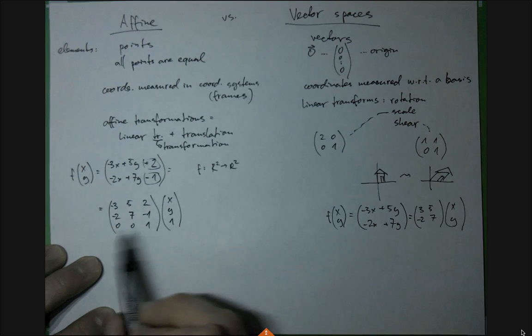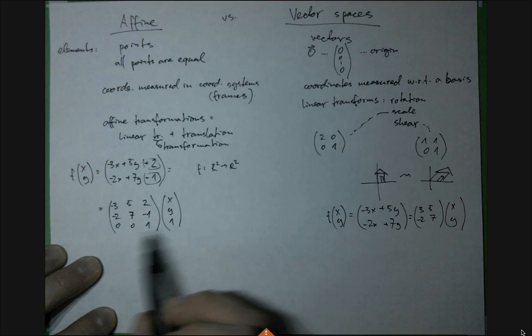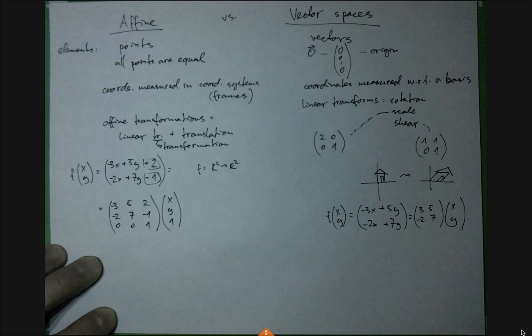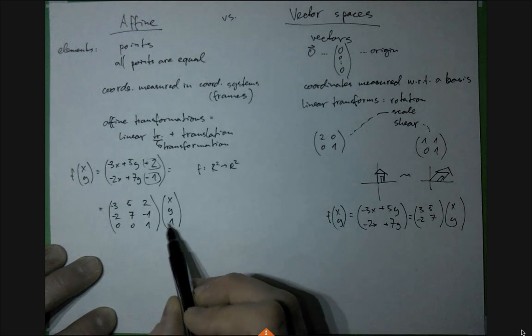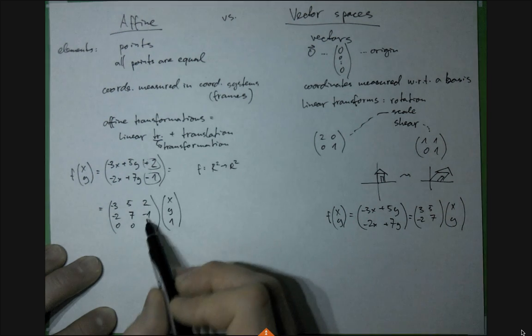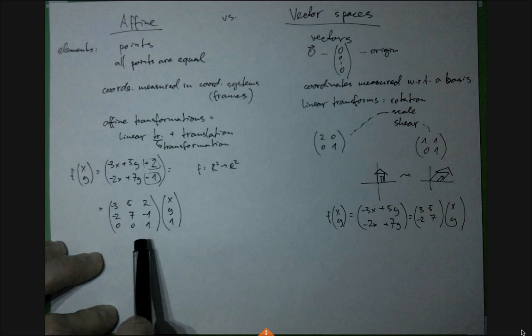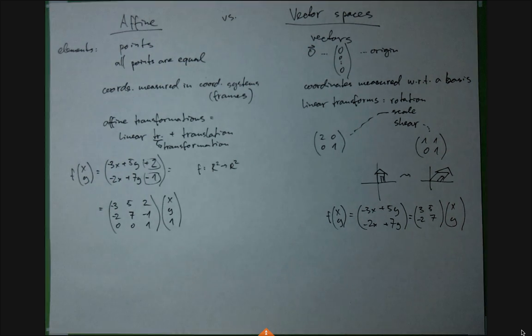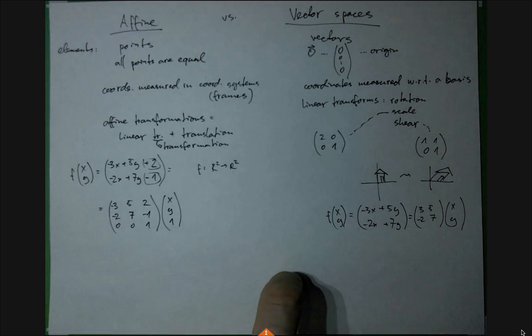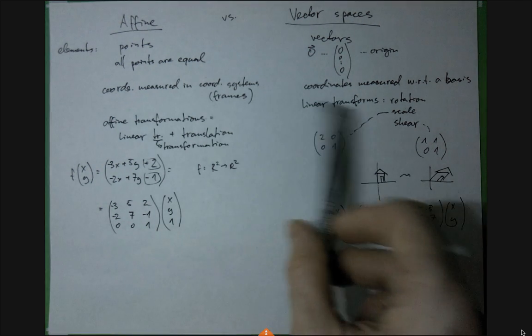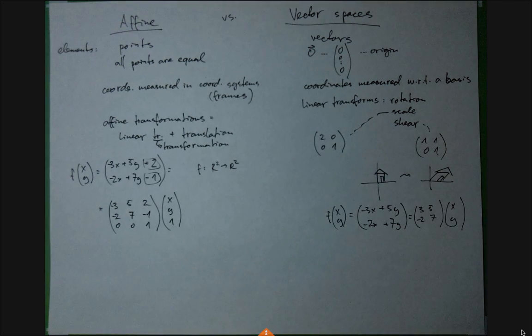And this last column here is just the homogeneous coordinates trick, right? So this 1 adds the 2 and minus 1, so I can write it as matrix vector multiplication. That's what we talked about, right? Everybody happy about this? I just wanted to contrast the difference between vector space and affine space.